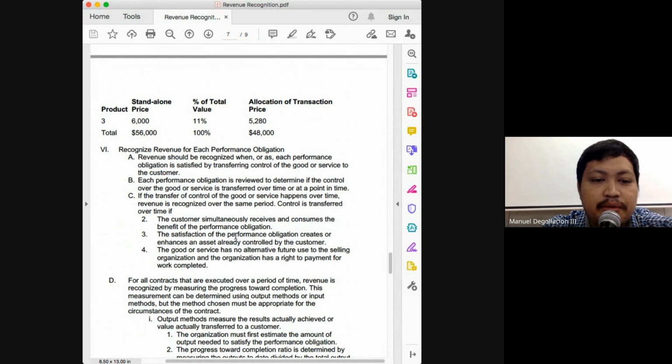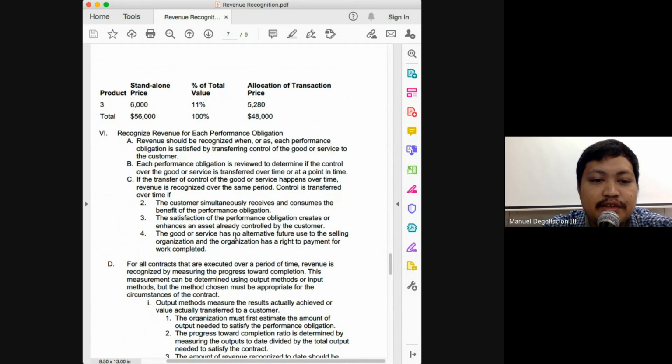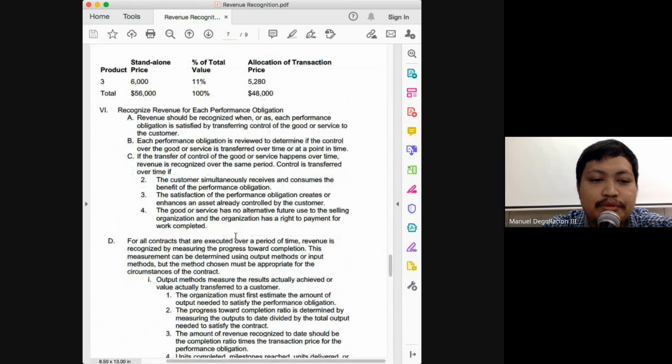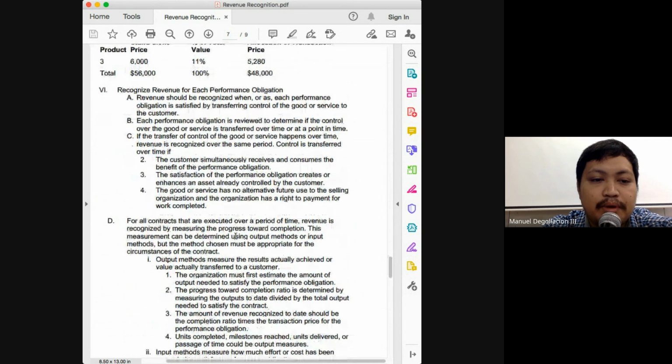Here you will have to determine whether the recognition will be over a period of time or at a point in time. And if it is over a period of time, you have 2 methods, the output method and the input method. But again, we'll discuss more on this as we answer the problems.